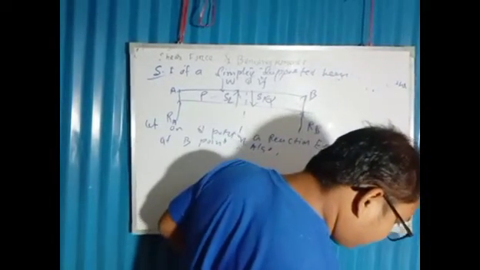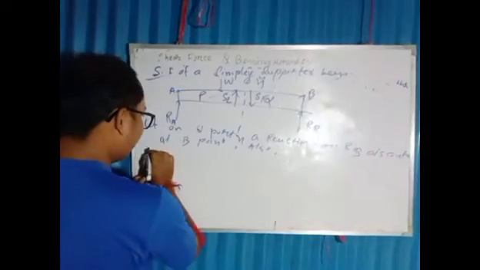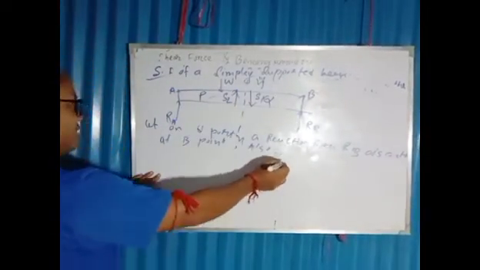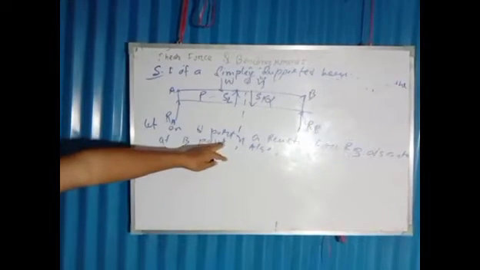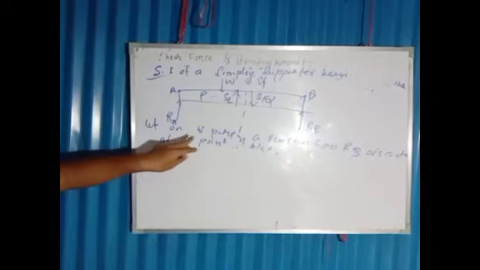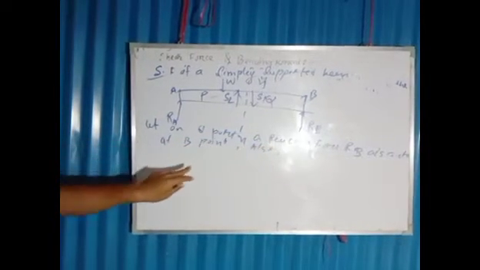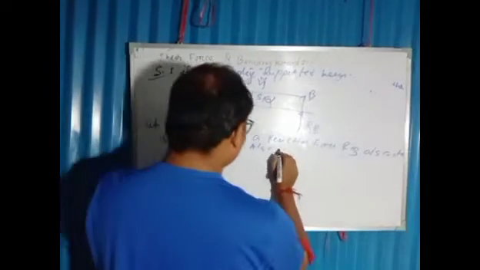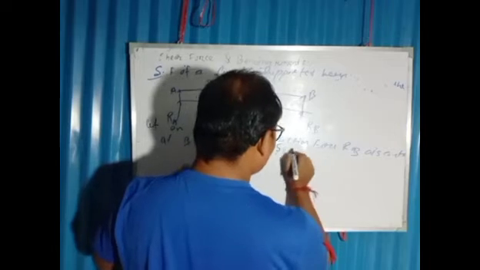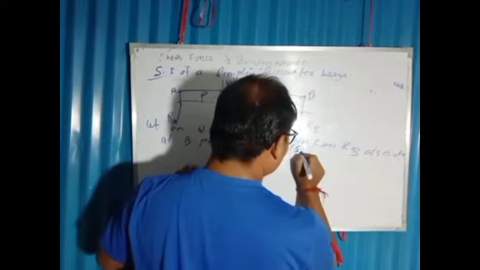On the Q portion, a reaction force is acting at point B, and also S1, which is called the shear force.